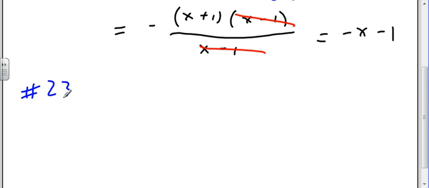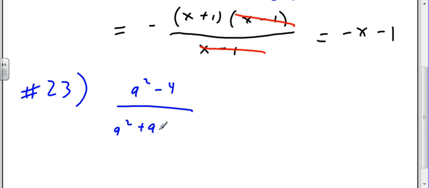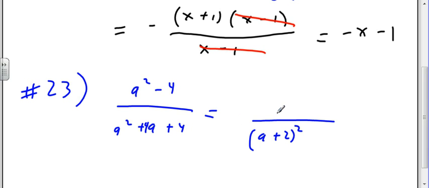Number 23. a squared minus 4 over a squared plus 4a plus 4. All right, well, we recognize the bottom guy is a plus 2 squared, because it's in the right form for a plus 2 squared.